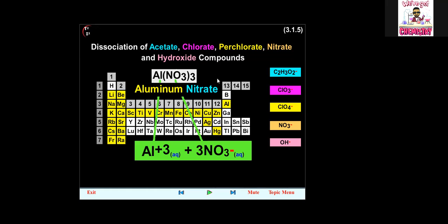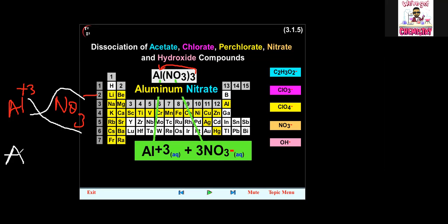Now remember when you're writing an ionic equation, when you're breaking down compounds like this, at the beginning, remember these three came from aluminum. Because when they were in ionic form like this, Al plus 3 and NO3 minus, there was a crisscross. These three comes here, and this one goes here.